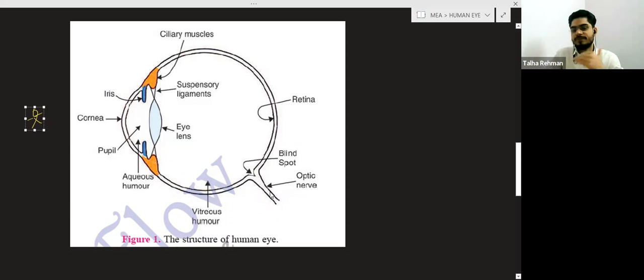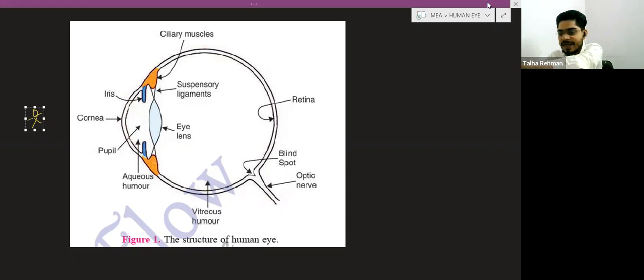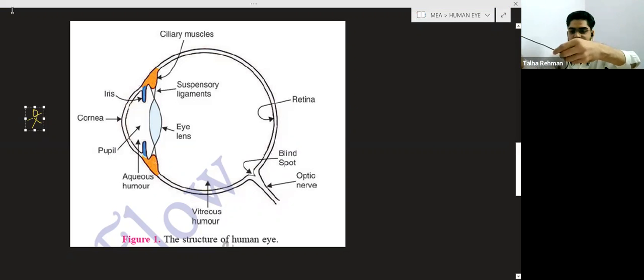This is a nerve, known as the optic nerve. Like the optical fiber we have, here is Wi-Fi, here is the router, the nerve is like a wiring connection. Through this wire the electrical signals are transmitting.